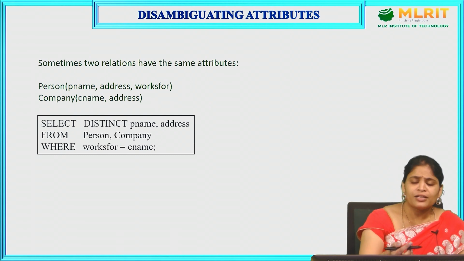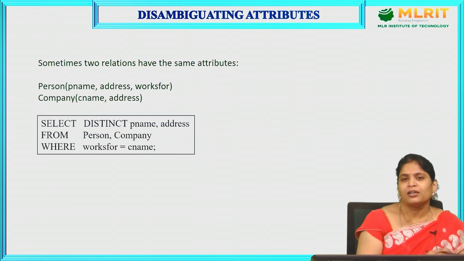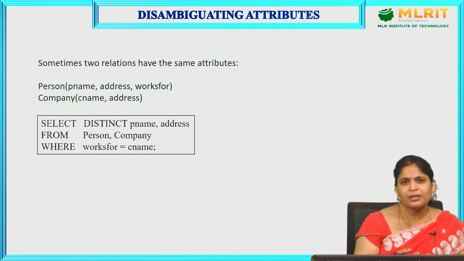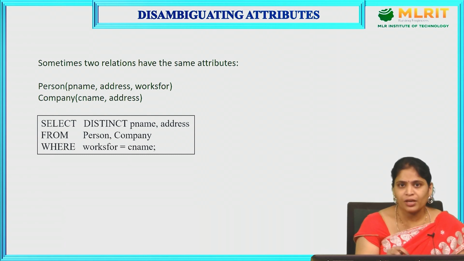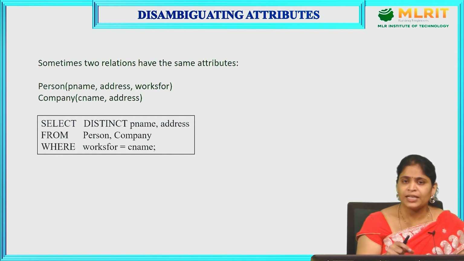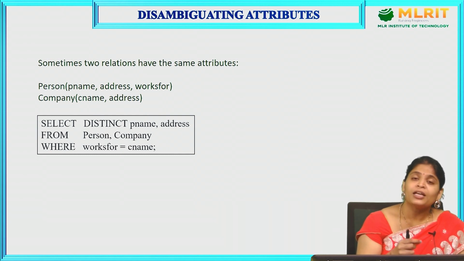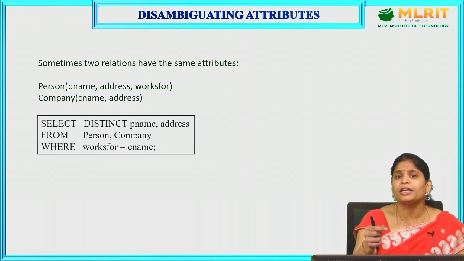Next, let us discuss how to remove the ambiguity between attributes. Removing the ambiguity means we have to represent it in an unambiguous manner. If two relations or two tables contain attributes with the same names, then how can a database represent that a particular attribute belongs to a particular table?